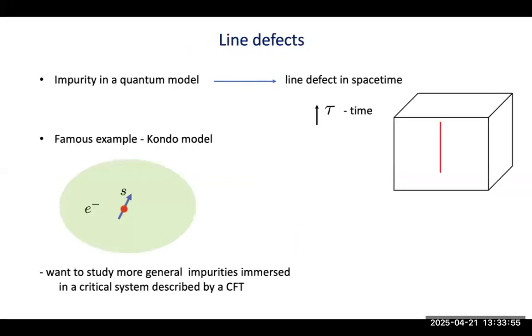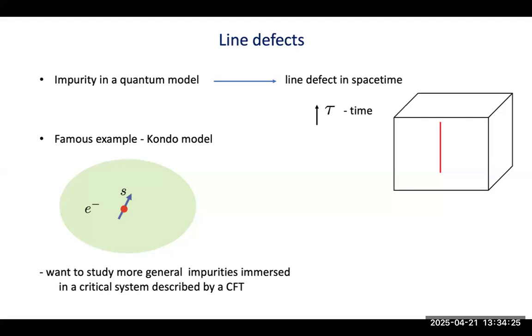All right, so I'll be talking about line defects in space-time, and you might ask, why should one be interested in line defects? One reason is that whenever you have a point impurity in a quantum system, in the imaginary time or real time path integral, this maps to a line defect extended along the time direction.